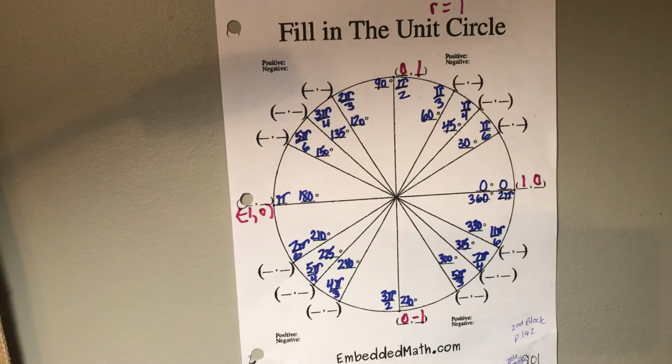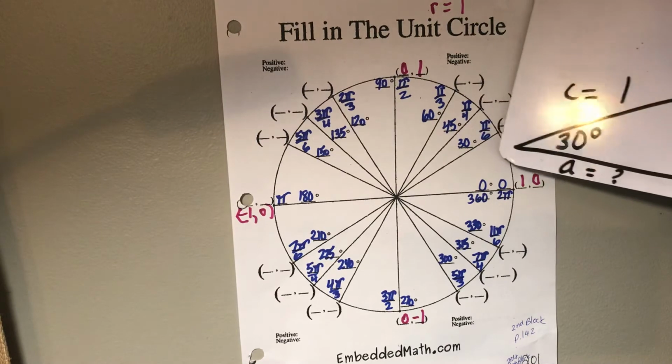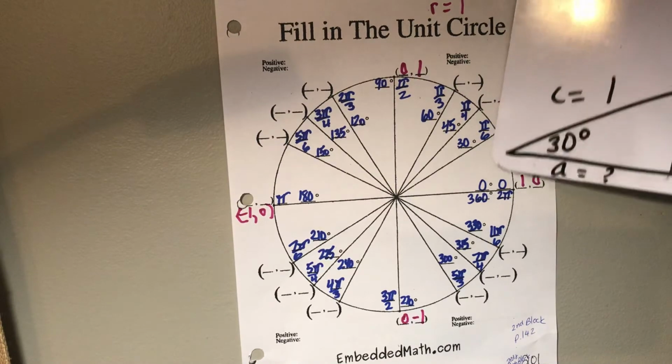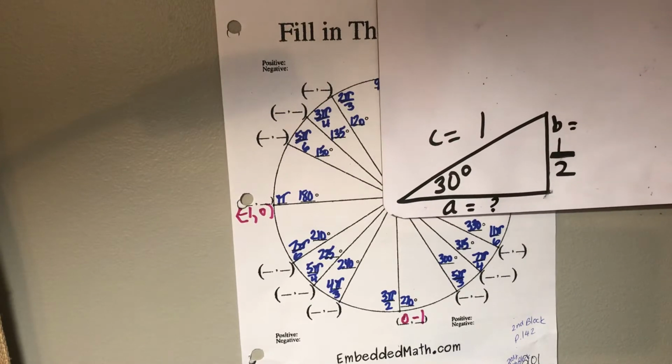To fill in the rest of the points, it helps to understand some things about right triangles that you would have learned in geometry. So let me start right here with this 30 degrees. If I turn this into a right triangle, it might look something like that.